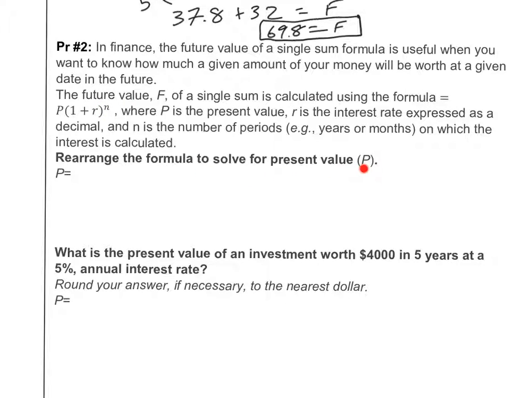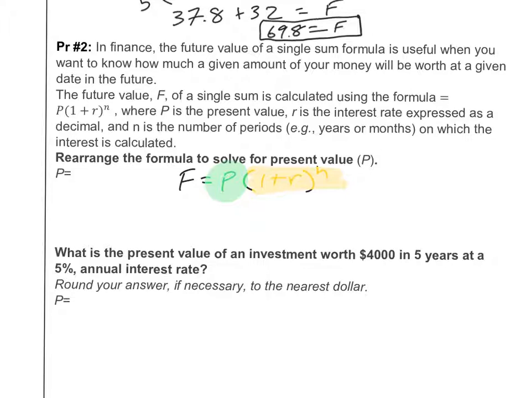Rearrange the formula to solve for present value P. Okay, so let's just start off with the original formula: F equals P times (1 plus r) to the n. And I am trying to get this P value all by itself. Well, here's the deal. Technically, all of this is all one term.